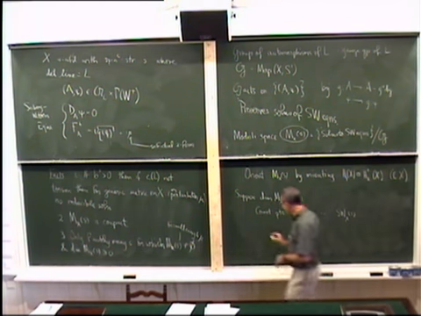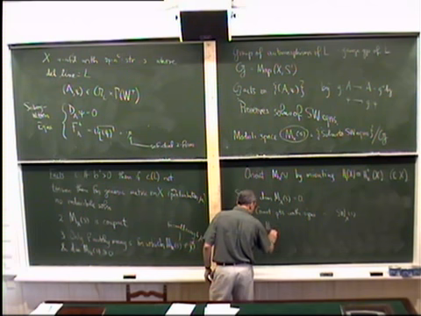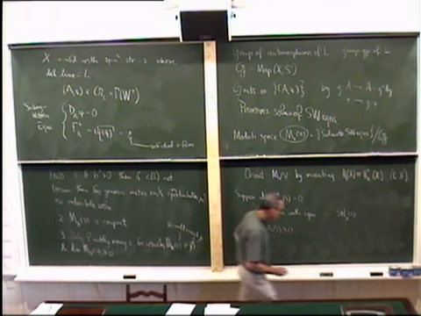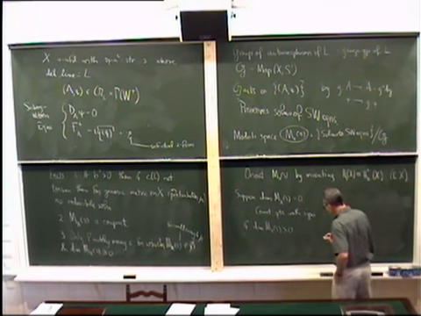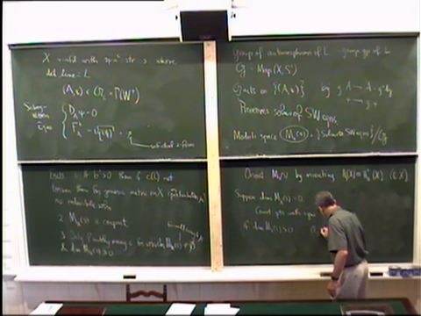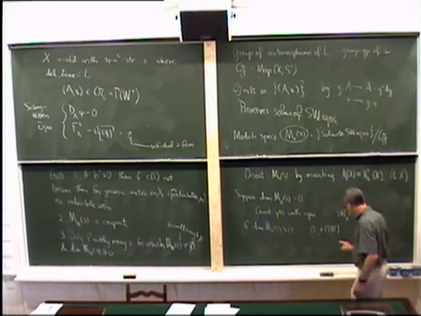If the dimension's positive, well, you can still do it. What you need is to know something about the topology of the space of connections across sections of W plus.